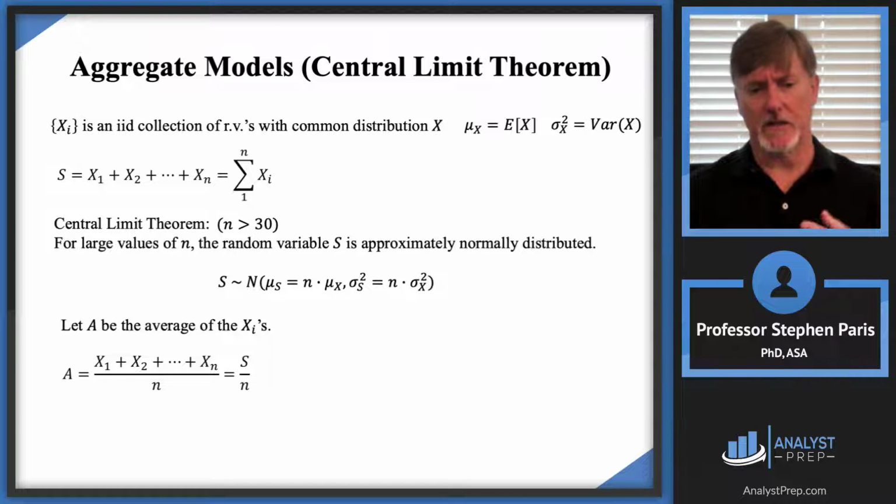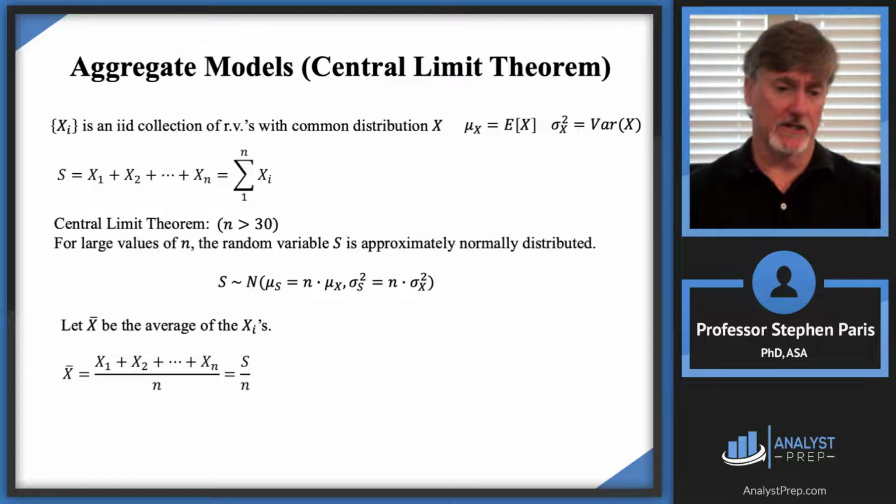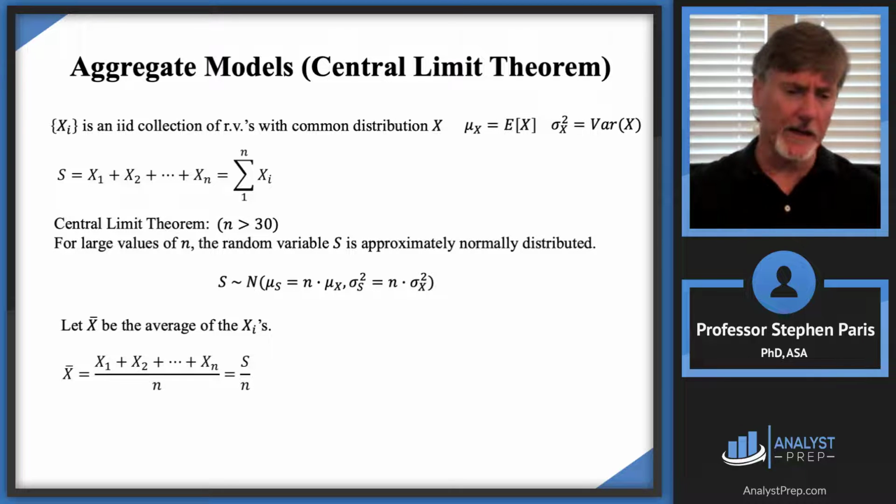Instead of using the letter A, I'm going to use what's commonly used here, a bar over CapX. So CapX bar would be the average of the CapX sub i's. Now, if you look at the last expression, I've got CapS divided by n. So I can think of CapX bar as being a constant times CapS, the constant being 1 over n.